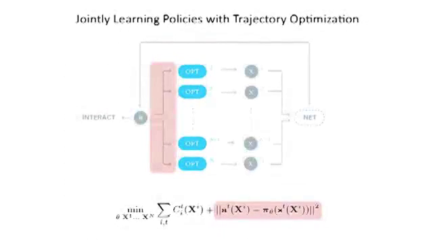One way that this can be posed is to think of the problem as jointly optimizing policy parameters and this collection of trajectories, where the objective is that each of the trajectories must satisfy those goals, like getting to a particular location while satisfying laws of physics, but also have an additional term that says the actions along each of the trajectories have to be what our policy would output along the states of that trajectory. So you basically have this additional term that says trajectories have to stay close to the policy.